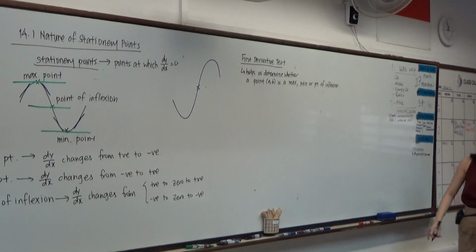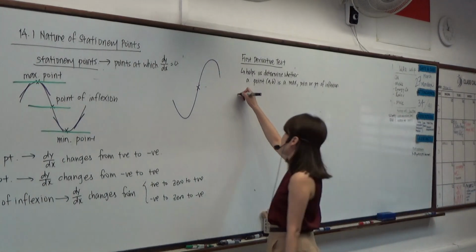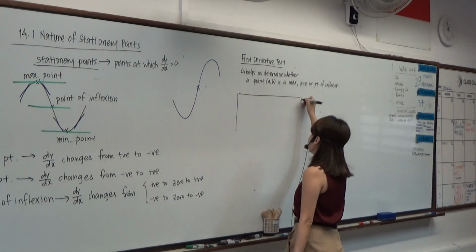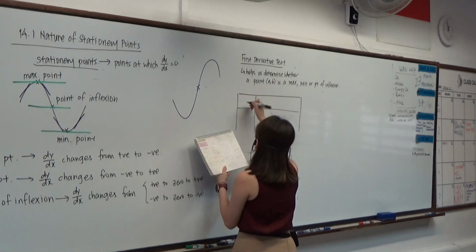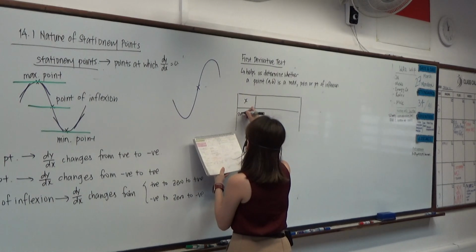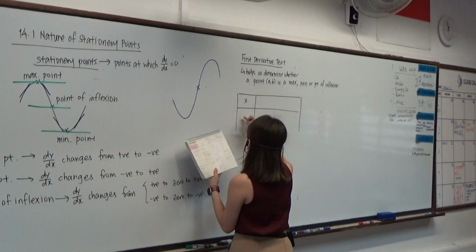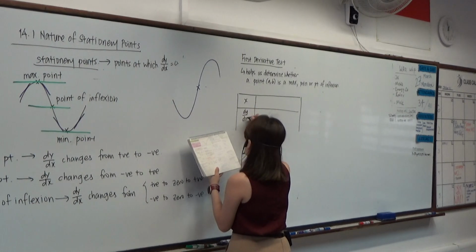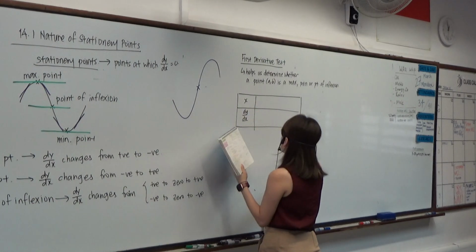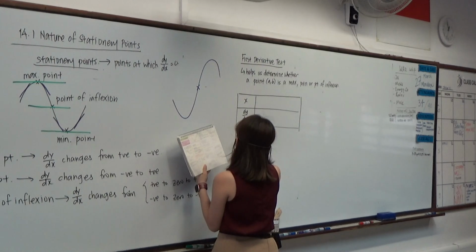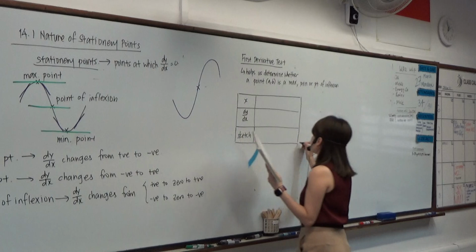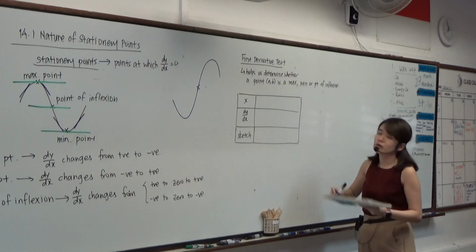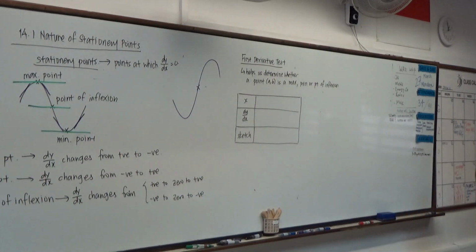So typically when it comes to your first derivative test, we will be drawing a table. Okay, so usually in our first derivative test, we have a table that looks something like this.